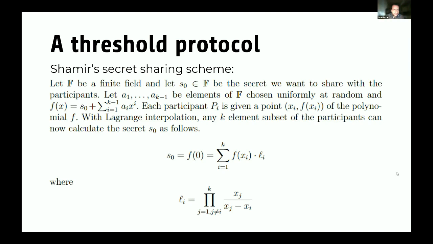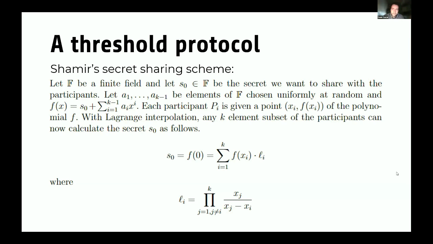We already saw Shamir's secret sharing in another presentation today, but just a quick reminder about it. Let's suppose we have a finite field, and S0 is an element from the finite field. This is a secret we want to share amongst the participants, and we choose k-1 random elements from this field, and we define a polynomial f(x) as S0 plus the sum of a_i times x to the i.